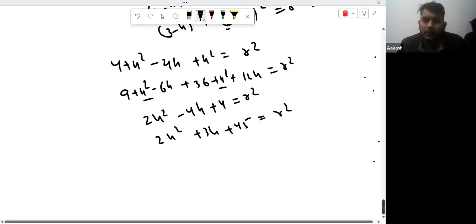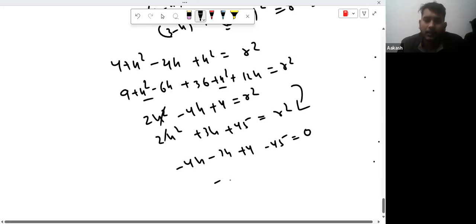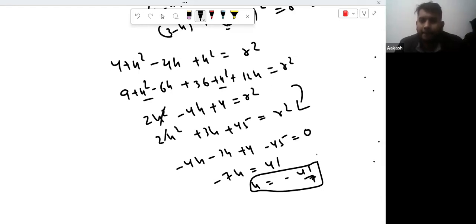If you subtract these two, this minus this, we have minus 4h. These get cancelled. Minus 3h plus 4 minus 45 is equal to 0. So minus 7h equals 41. So h is negative 41 by 7. I know this is not exact, but what can we do? All right. So if you have got h and k, you can find everything else. Very simple.